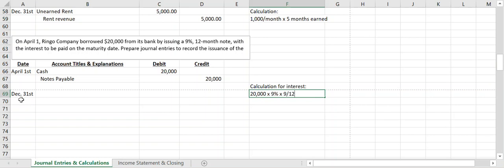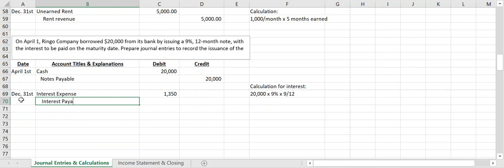So 9 out of 12 months have been incurred. Again, please make sure you're paying very close attention to the dates so that you're calculating your months correctly. So we have an interest expense as of December 31st of $1,350, and I owe that. So it's an interest payable of $1,350.